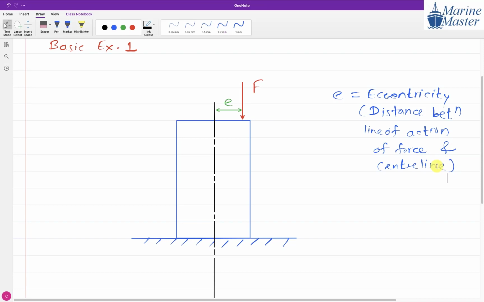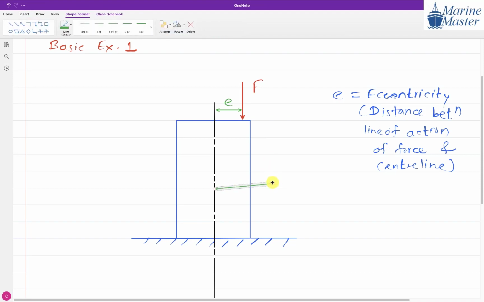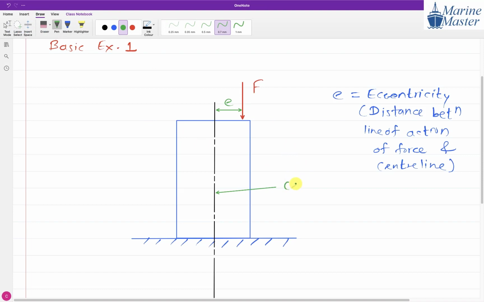You should be familiar with all these terminologies. And what does this denote? Tell me. The center line of the column.